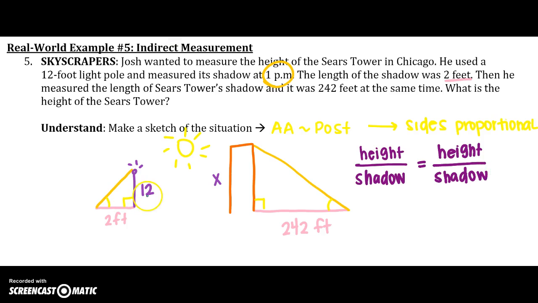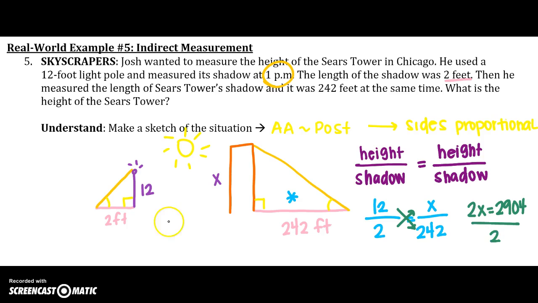So I'm going to go my light pole first, height over my shadow equals, and then I'm going to come over here, my height, which is x, what I'm trying to find, over my shadow, 242. To solve a proportion, I'm going to cross multiply. 2x equals 2,904. Divide both sides by 2. My height is 1,452 feet.